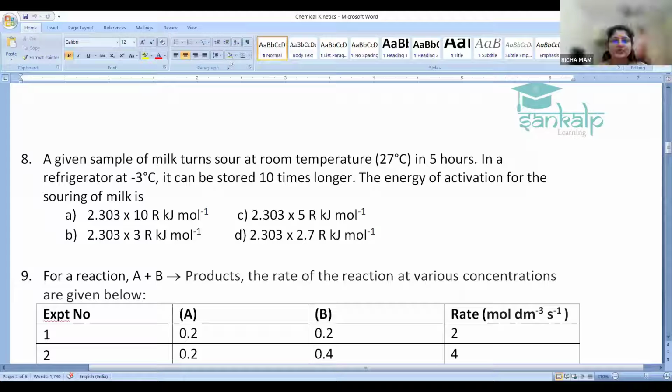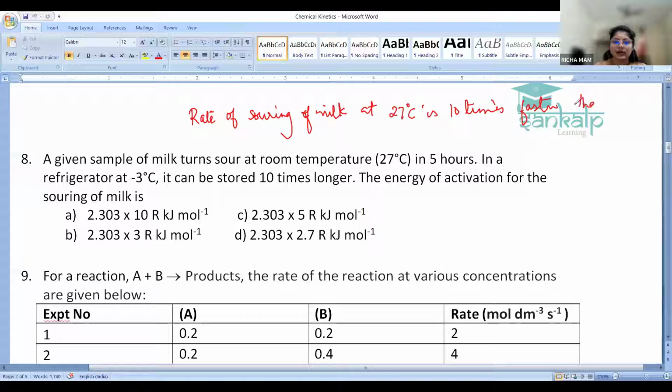How are we going to solve this? We will write down what is given first. The rate of souring of milk at 27 degrees Celsius is 10 times faster than at minus 3 degrees Celsius.